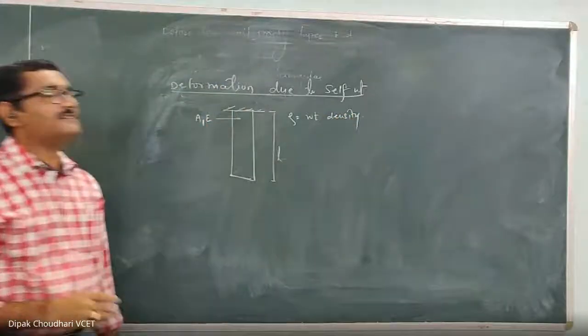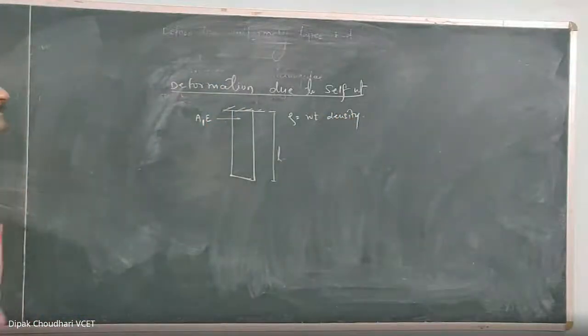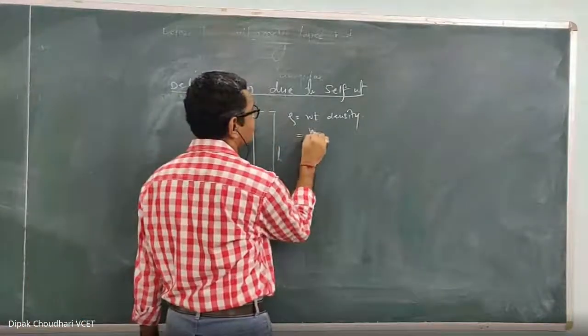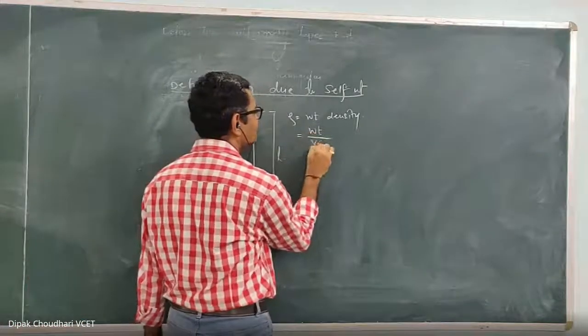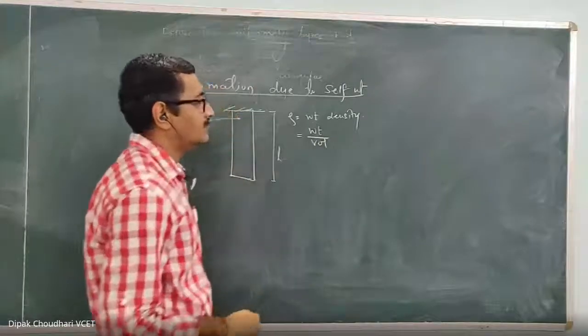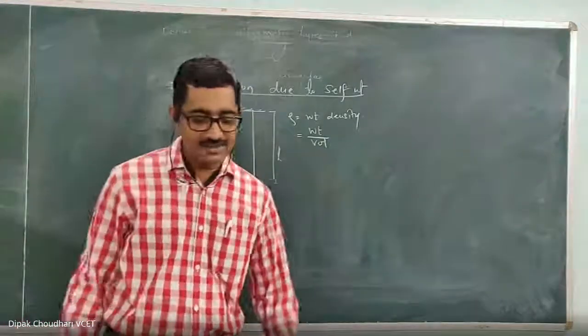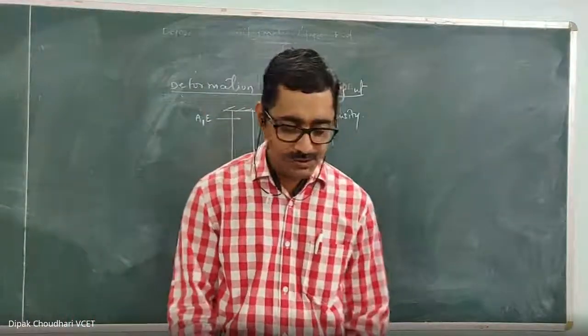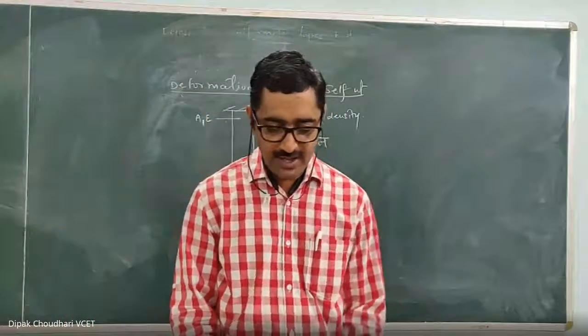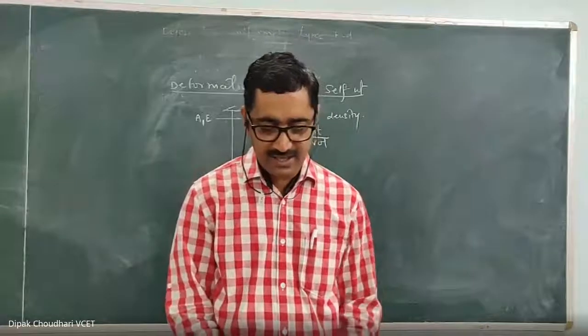We know that the weight density is the weight per unit volume. Here rho is the weight density, or you can see it as the specific weight. It is not the mass density, it is the weight density.